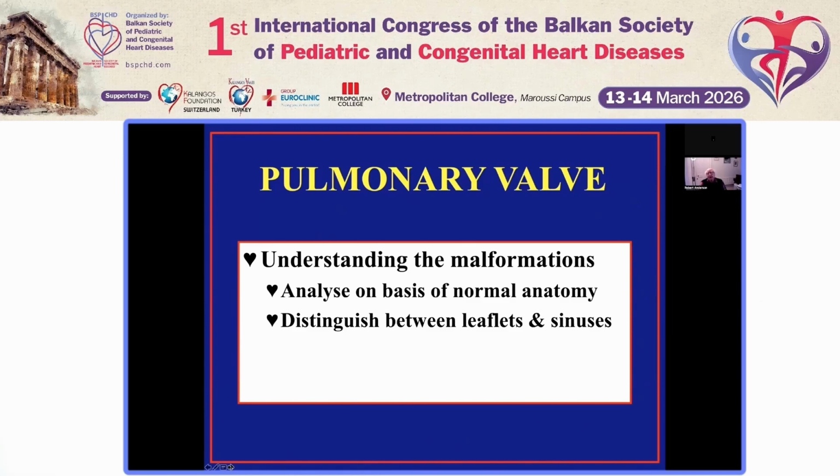As with the aortic valve, with the pulmonary valve, to understand the malformations, we need to distinguish between the leaflets and the sinuses. And don't forget the importance of that annular paradox, because perhaps the hardest part in all of this is understanding what is the annulus.